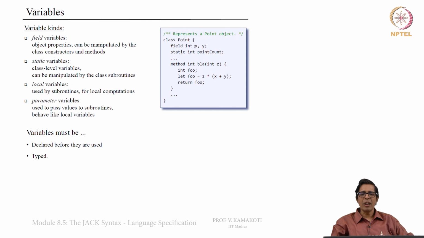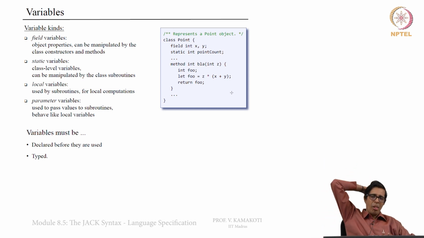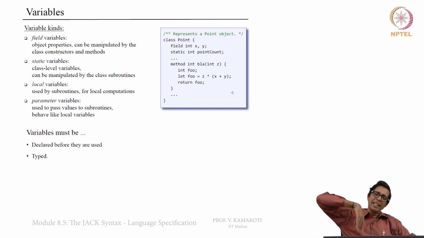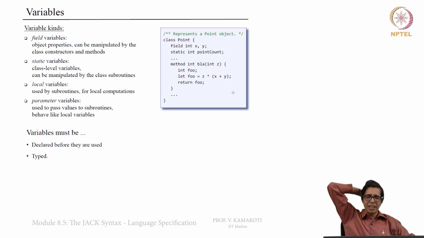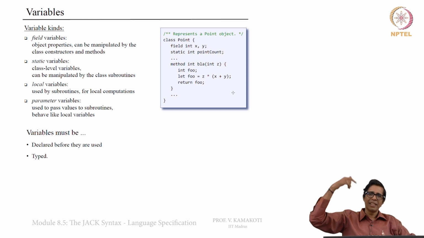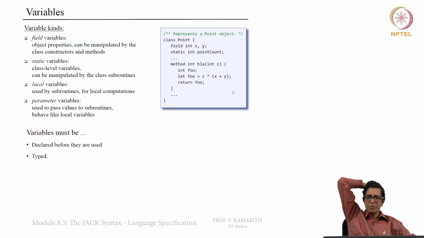This x and y are new every time I am creating a point, and they will take the value of that new point, but this point count will be remembered. So, every time I create a new point, I can say point count equals point count plus 1. At any point anywhere in the program, I can ask Point dot point count, and that will tell me the number of points that have been instantiated till that point.